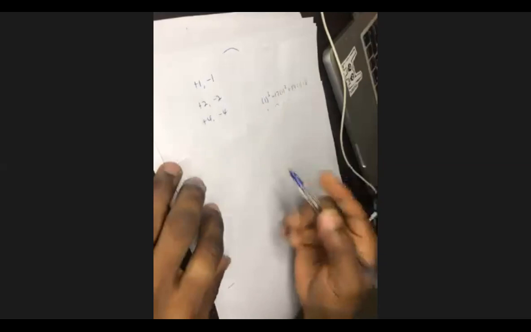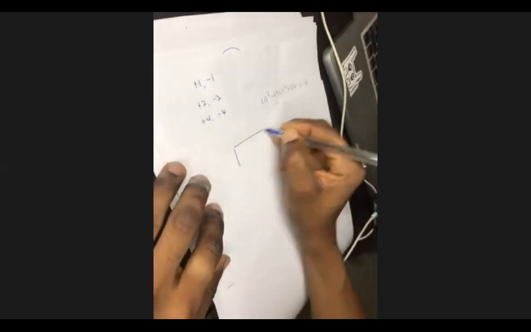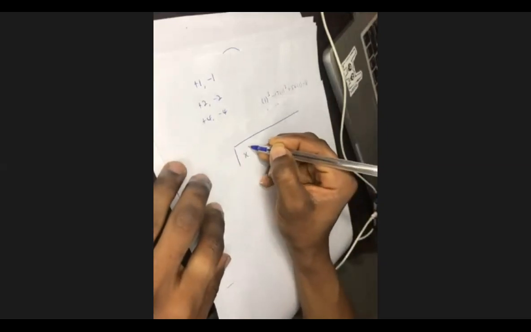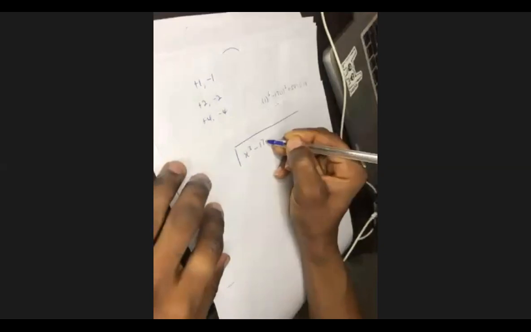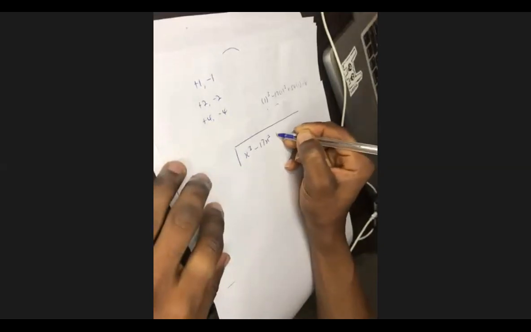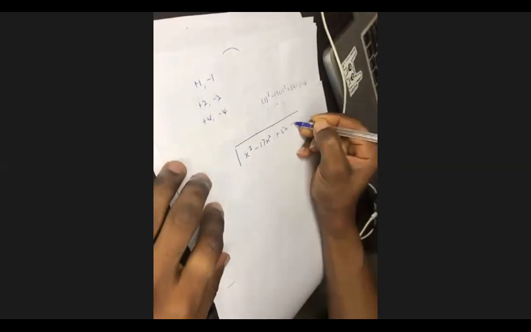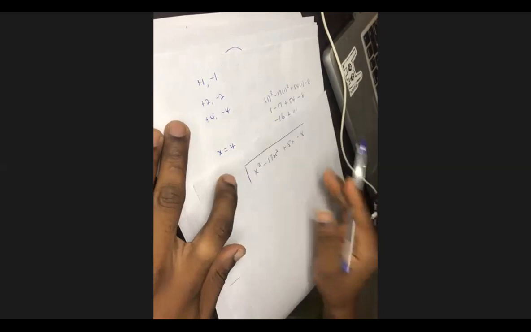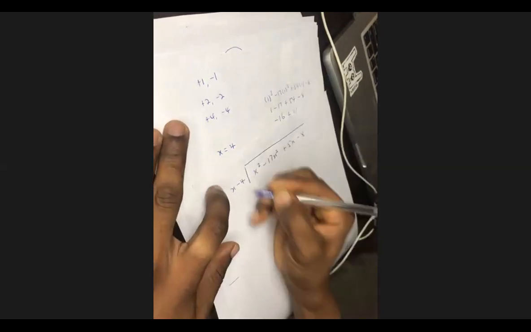So I have my long division sign, and then I have x cubed minus 17x squared plus 54x minus 8. Now this factor I had is going to be my divisor. So x minus 4. This is it.